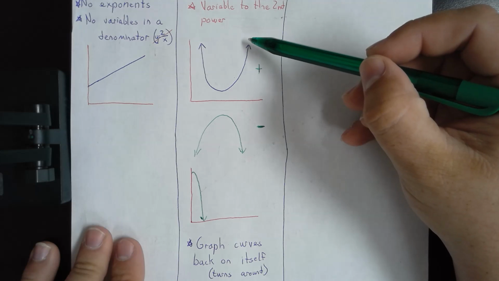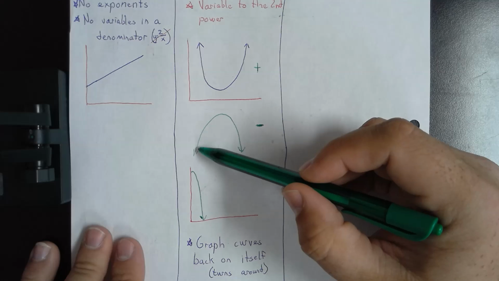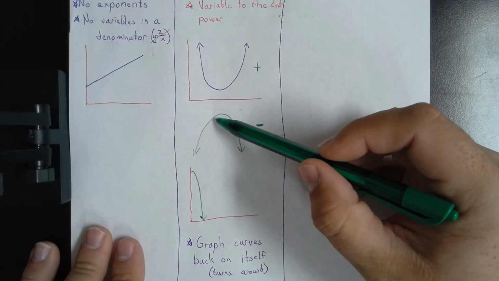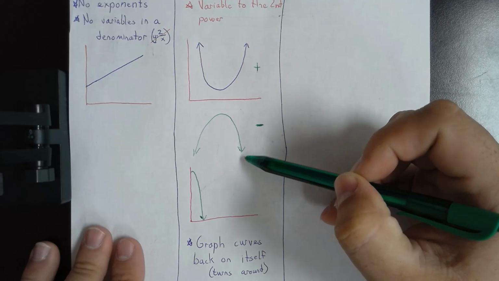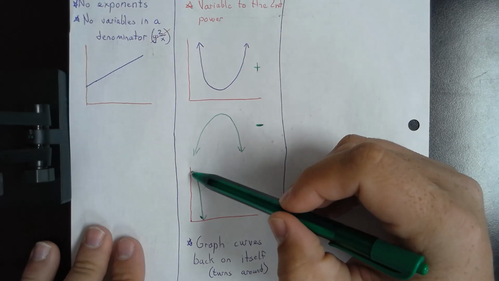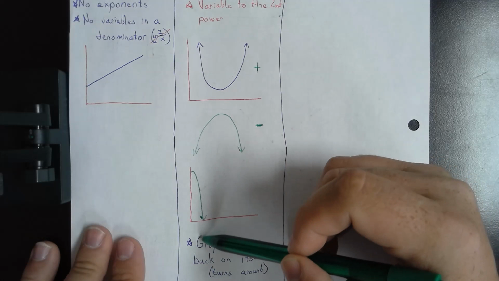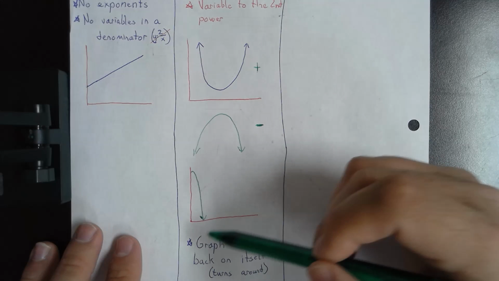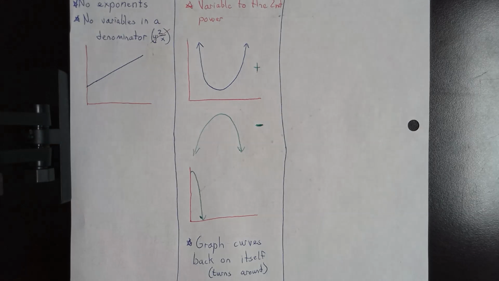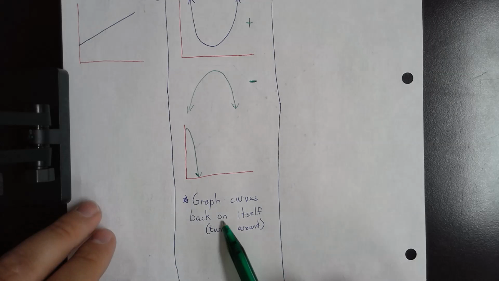Same way with any of these. Starts out low, goes high, and then turns back the way it came from. Even this one here, we started out at 35, it went up just a little bit, and then came back down. Okay. So when we're looking at our quadratics, that's going to be our big tell for our graphs.